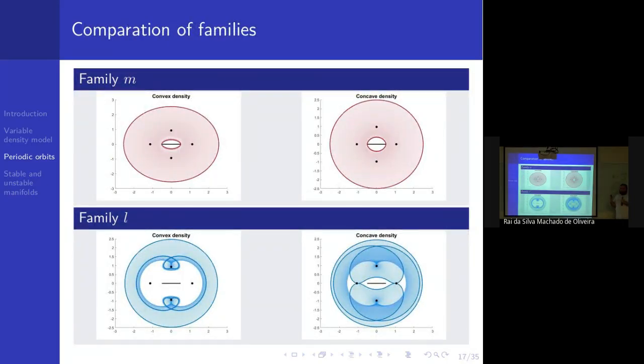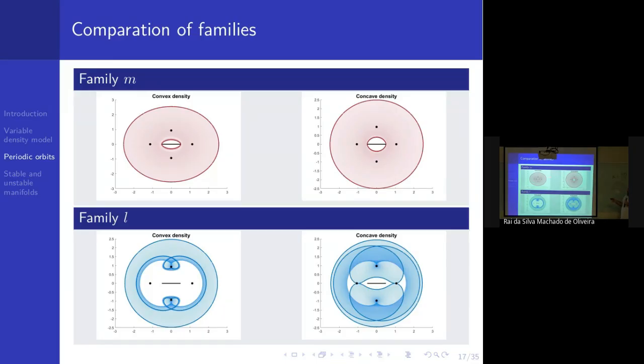Recall that periodic orbits appear in a continuous way, so this lighter color means that there is a continuous transition from this orbit to this one, right? But if I plot everything in the same color, we cannot see anything. So here we can see the shape a little bit.